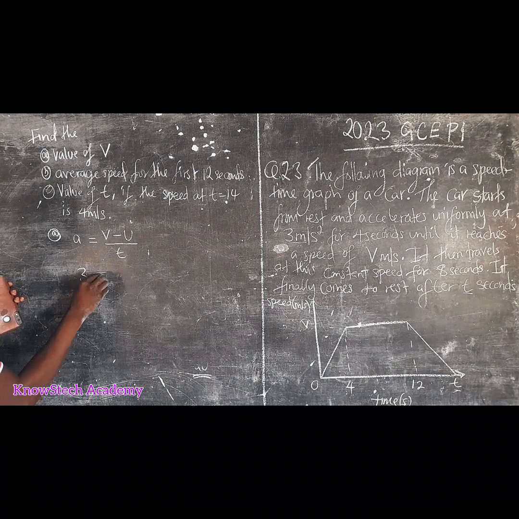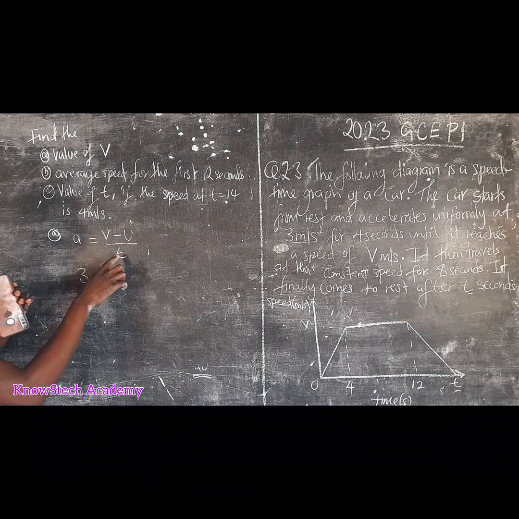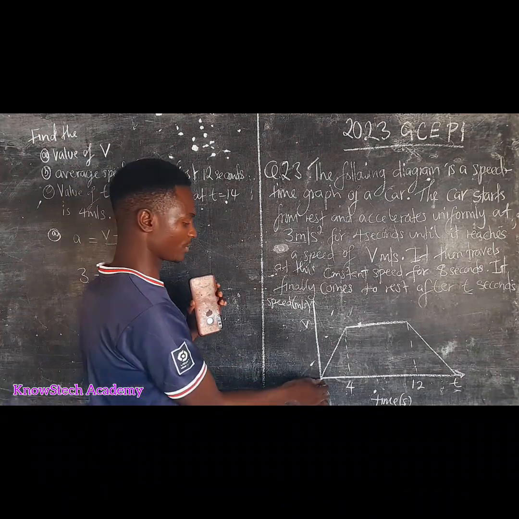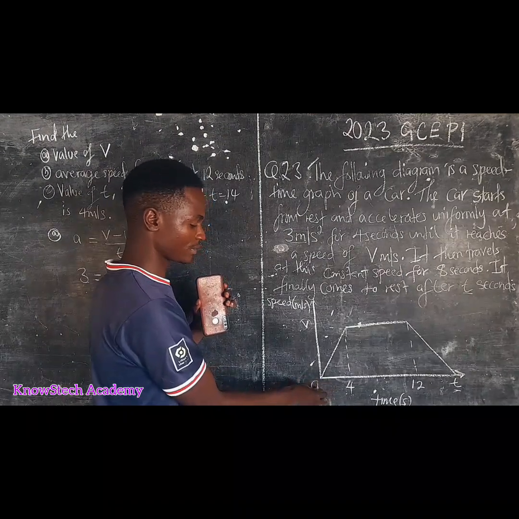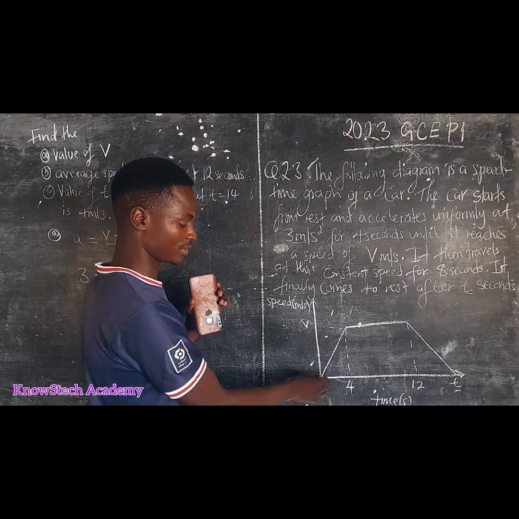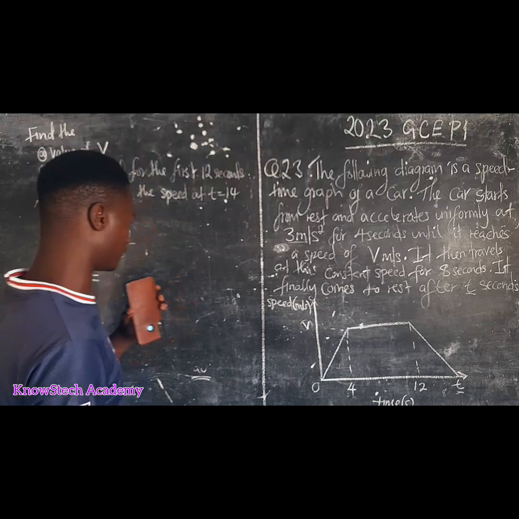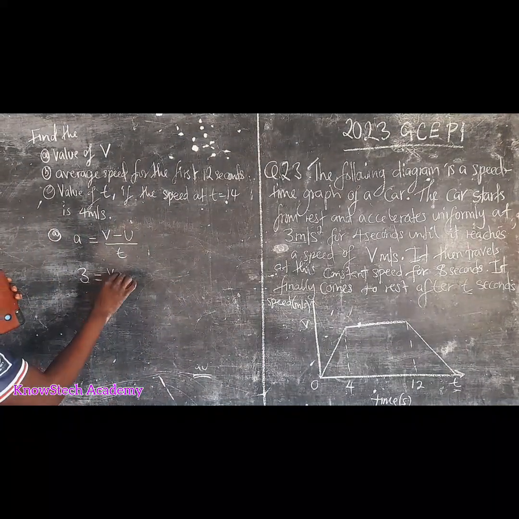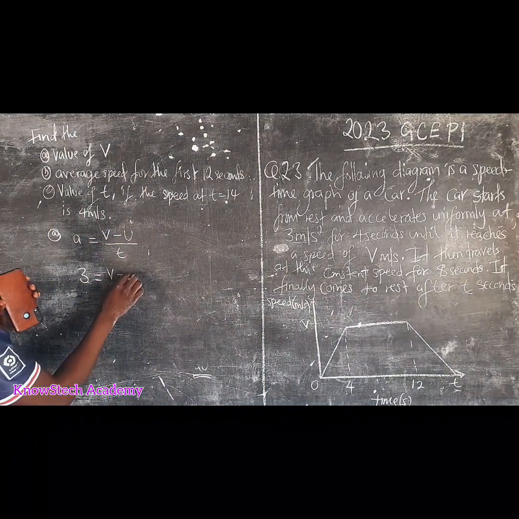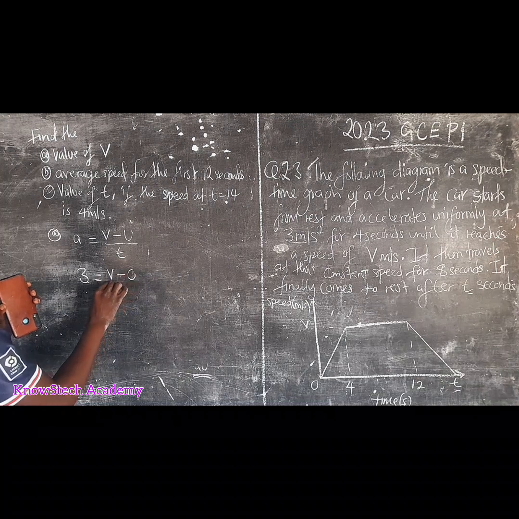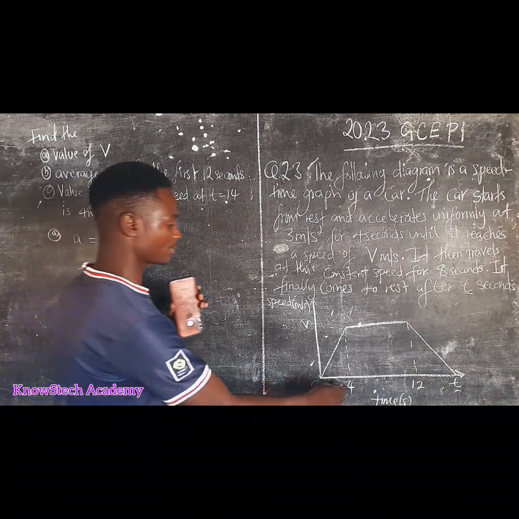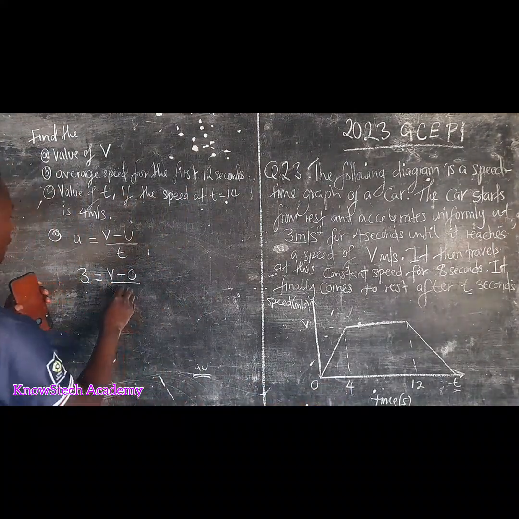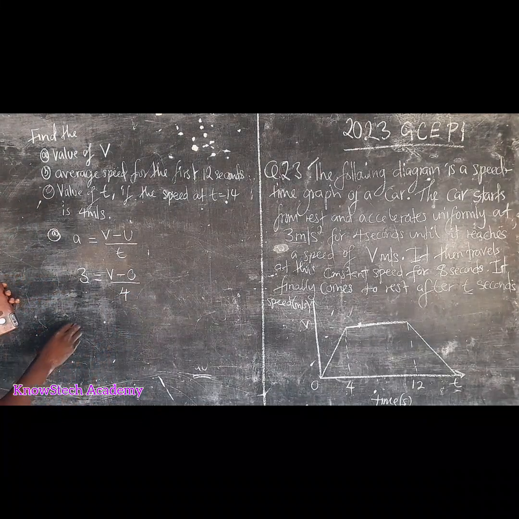So it will be 3 is equal to, the final velocity is v. The car starts from rest, so the initial velocity is 0. Time taken is 4 seconds. We can write this as a fraction.